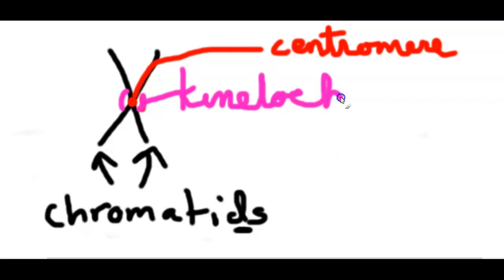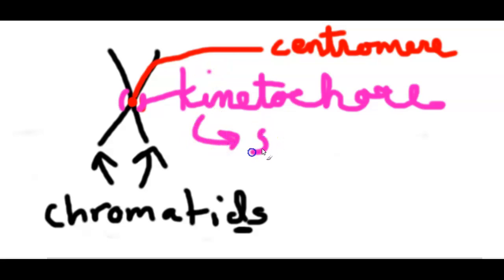K-I-N-E-T-O-C-H-O-R-E. See, it sounds like a K, and that's an R. And remember what they do. They attach it to the spindle. So this is what a dyad looks like.